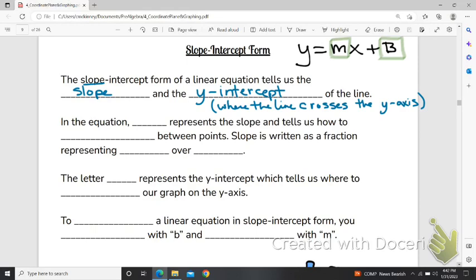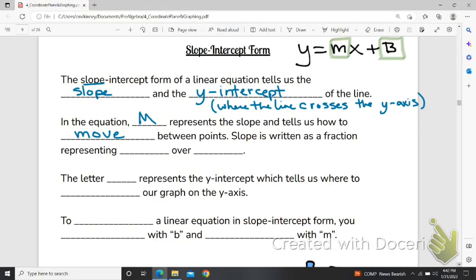So in the equation, the m represents slope. And the slope tells us how to move. Think of m for move. It tells us how to move between points. The slope is written as a fraction, just like we saw on the last page.